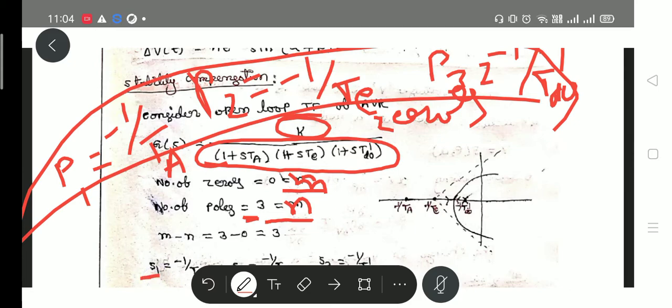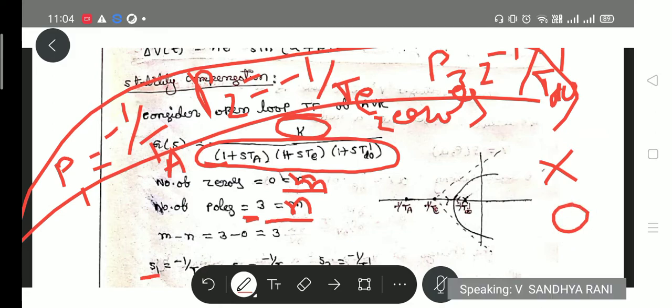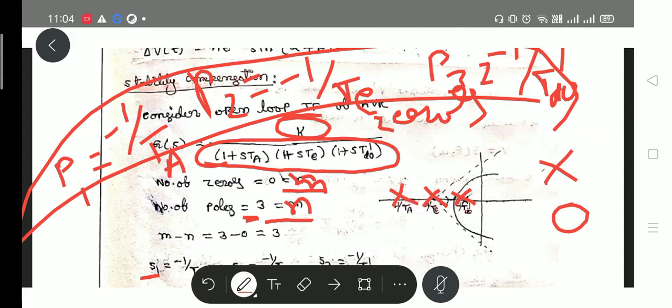We can take S1 or P1, anything. Poles are represented by a cross mark and zeros by a circle. I am taking first 1 by TD naught, 1 by TE and 1 by TA. We don't know the values of TA, TD, TE, so we cannot represent them directly. If we know the values, we can represent it and check whether it is stable or not.